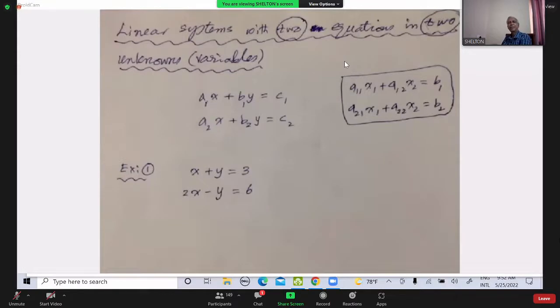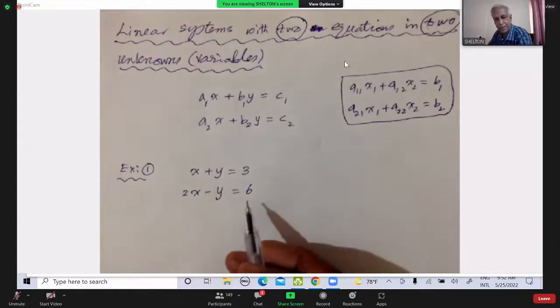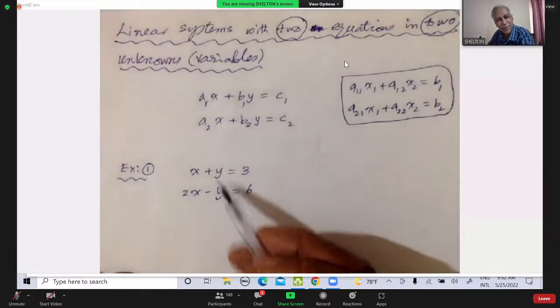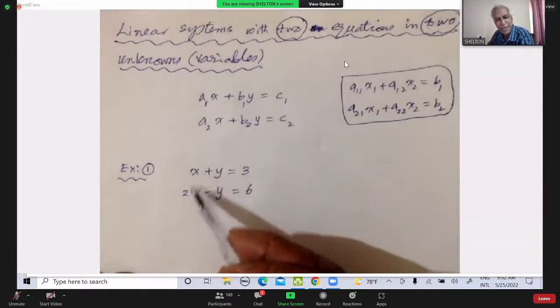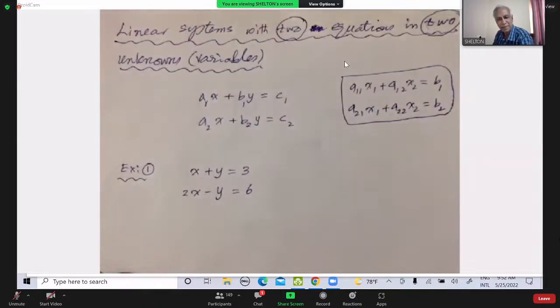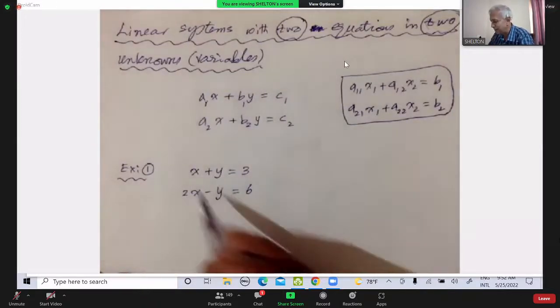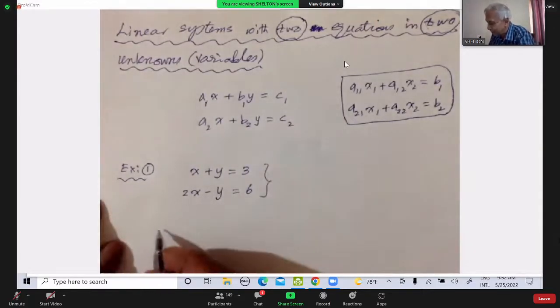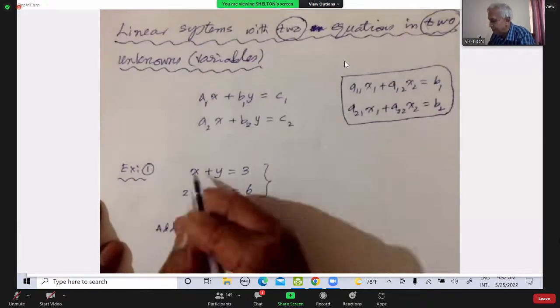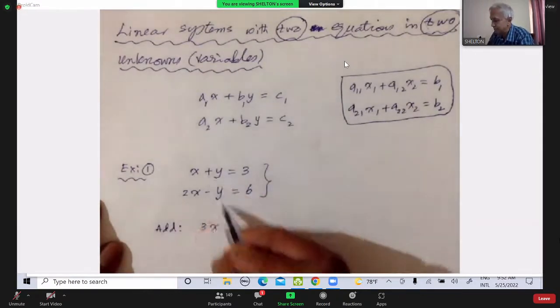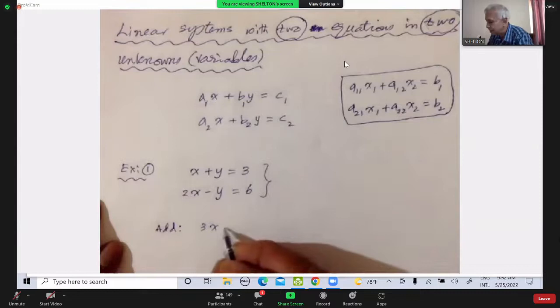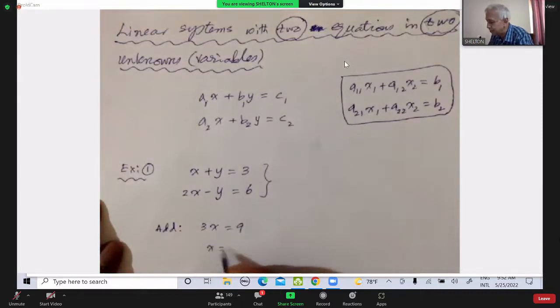Consider this system of linear equations. How many solutions are there? You can do the O-level method. If you add them, you get 3x equals 9, since y and minus y cancel. So x is equal to 3.